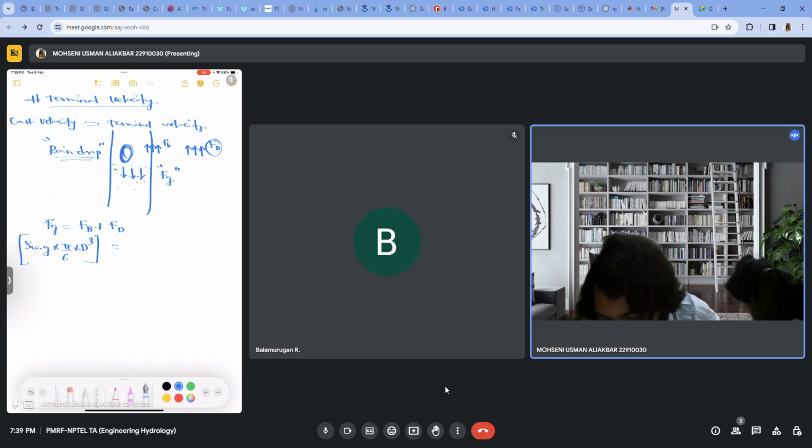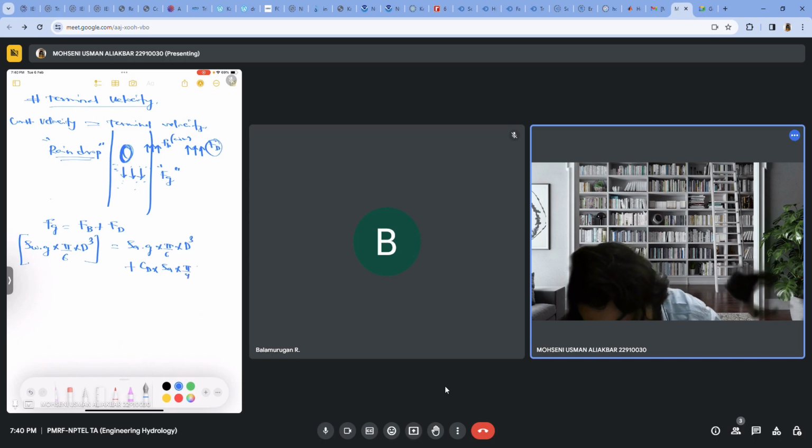Similarly we can find buoyant force, which is due to air, so we can write the same equation in terms of air: rho A g multiplied by pi/6 of d cube, plus drag force. In drag force we know the equation, that is drag coefficient multiplied by rho A into pi/4 of d squared, the area, into V square.